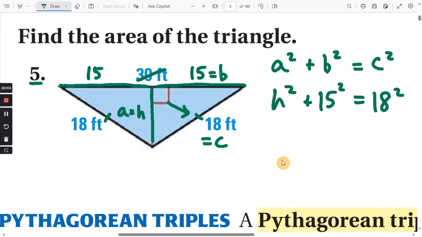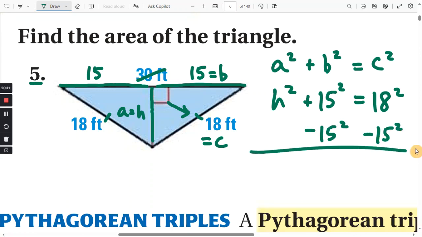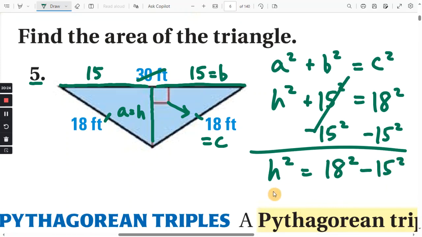All right. And I'm going to do the shortcut on this one. I'll just do minus 15 squared on both sides. It cancels here. Bring down your h squared. And that's going to be 18 squared minus 15 squared. The opposite of squaring something is to take the square root.